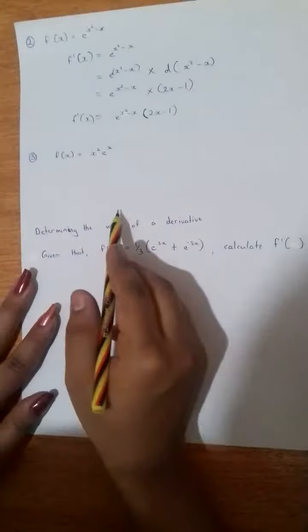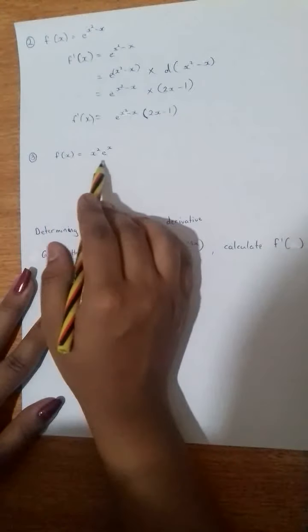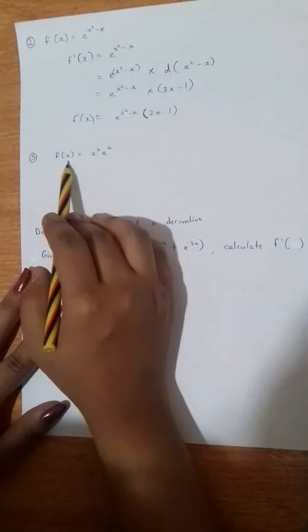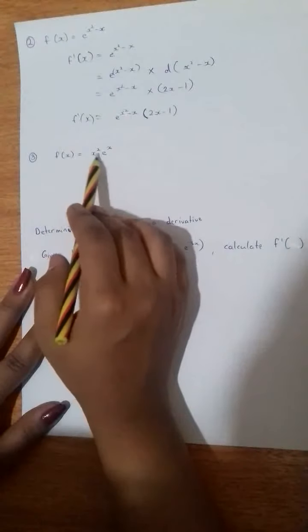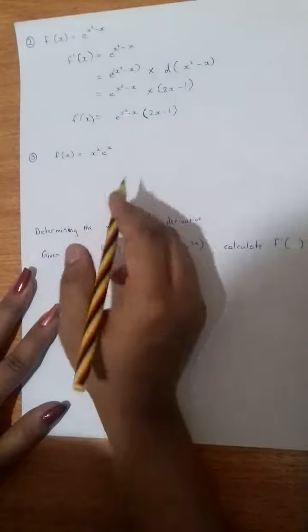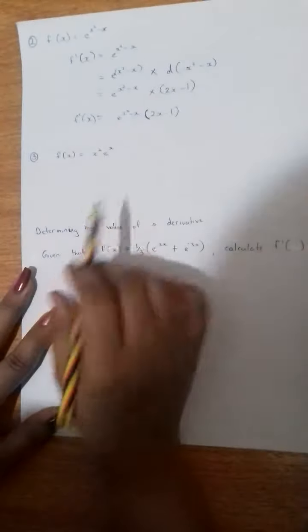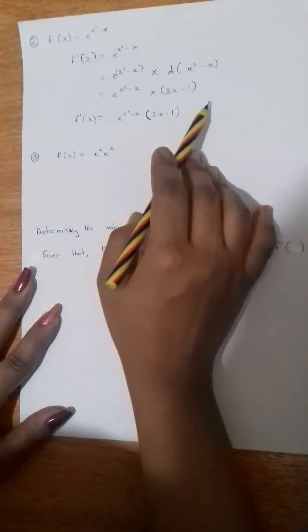Next we have another example which looks quite different from the previous examples. This one says f of x is equal to x squared e to x. You see this is more like a multiplication. Here we're going to use the product rule, unlike the previous examples where we used the chain rule.